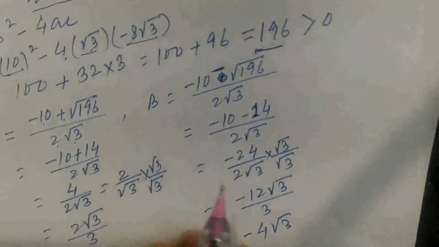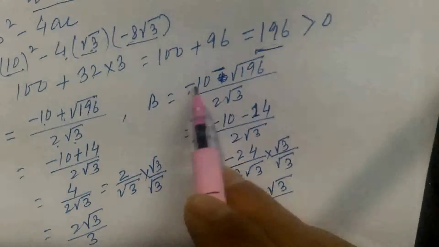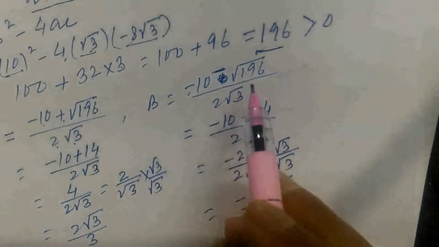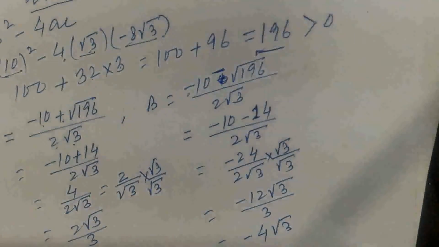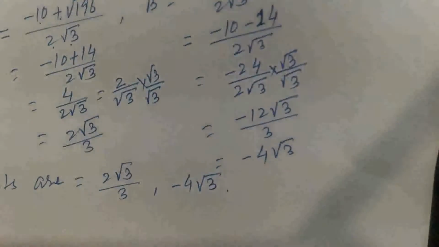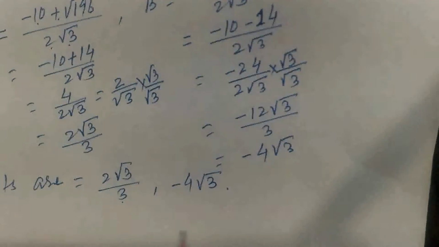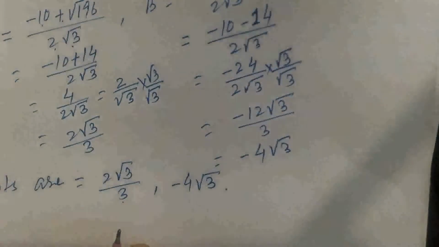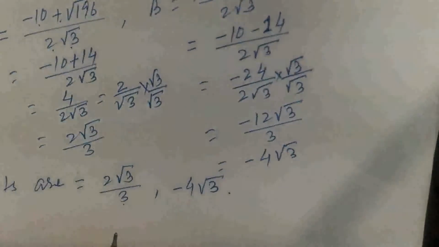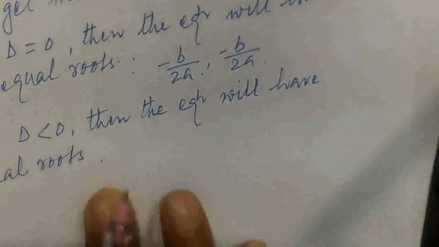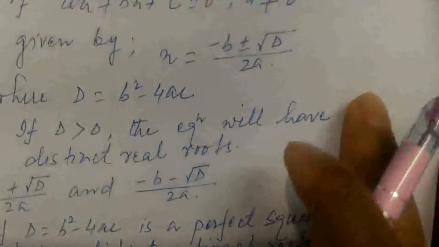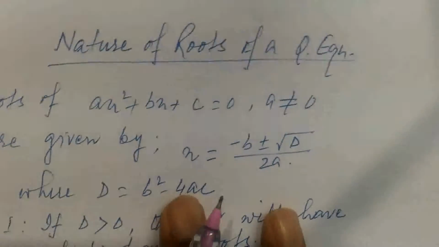On the same line, for minus b minus root d, put the values and compute. So you get the two roots as 2 root 3 by 3 comma minus 4 root 3. So it is very easy to find the roots of an equation by using the quadratic formula.